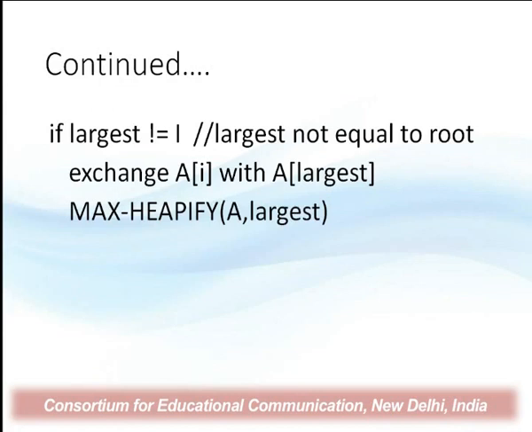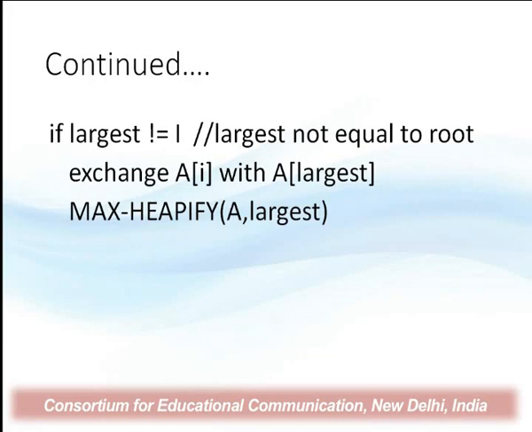Now we are checking if largest is not equal to the root, then we need to exchange A of I and A of largest. Whichever is largest is going to take place at the root of the subtree. Now we are done with the heapification of one particular node.